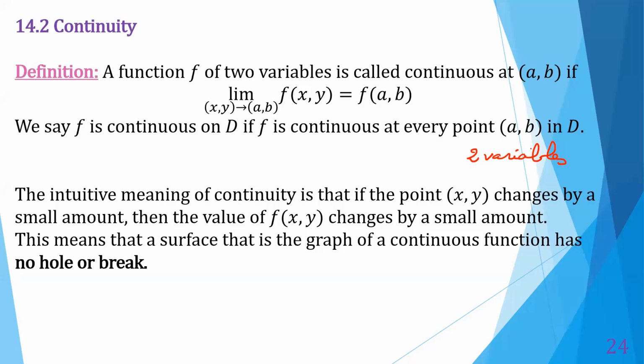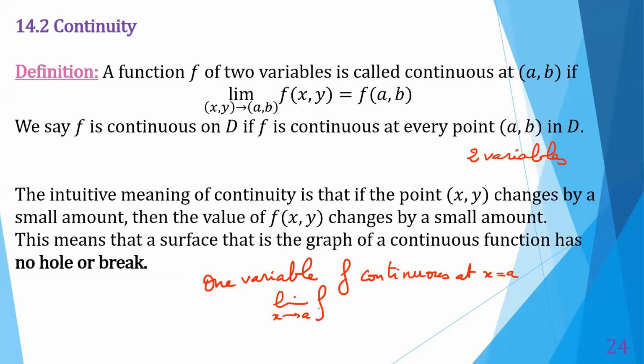What you know from calculus is that if you have a function of one variable, we say that f is continuous at a point x equal a if the limit when x tends to a of f of x is f of a.